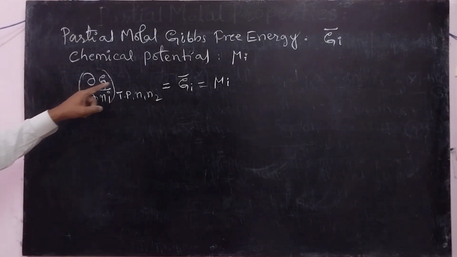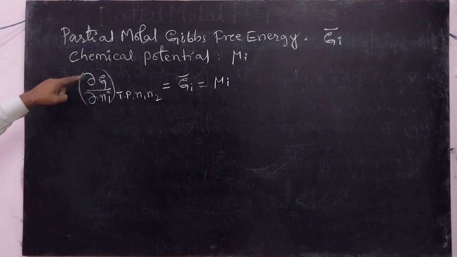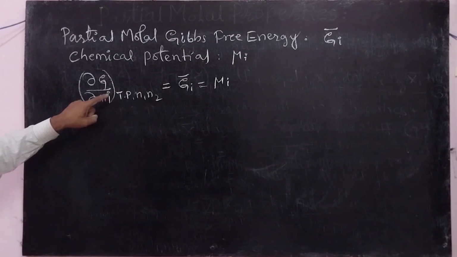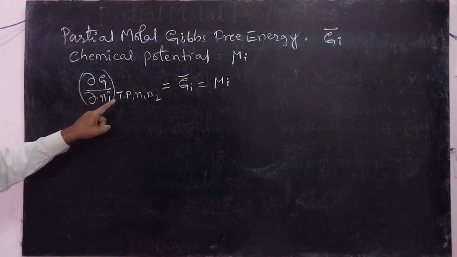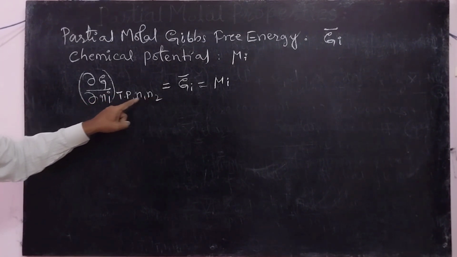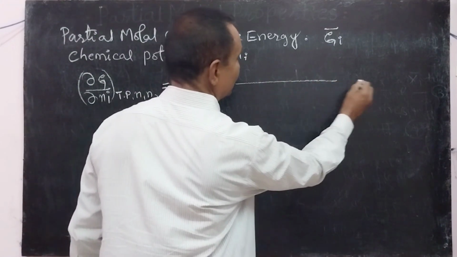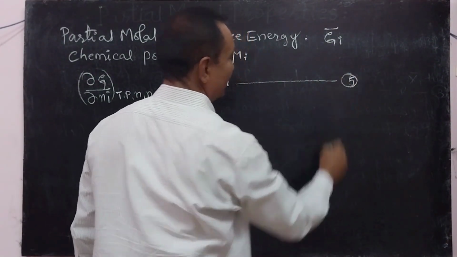Thus, the chemical potential is defined as the ratio of change in free energy to the change in number of moles when an infinitesimally small amount of that component is added to the system, when the concentrations of other components are constant or large enough. Okay, this is also one equation, that is 4 and 5.